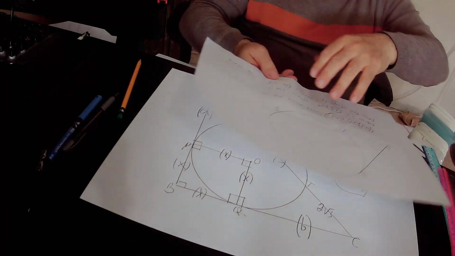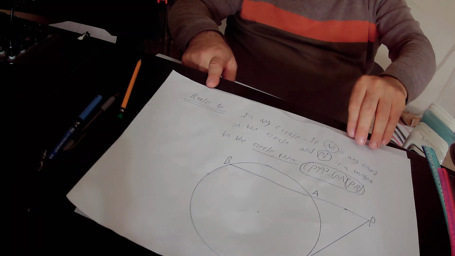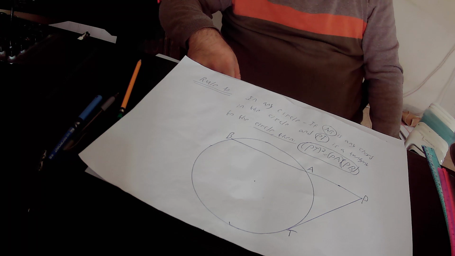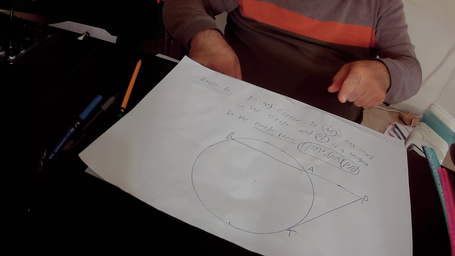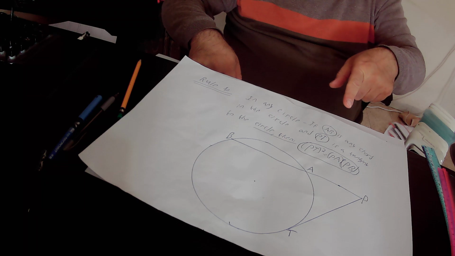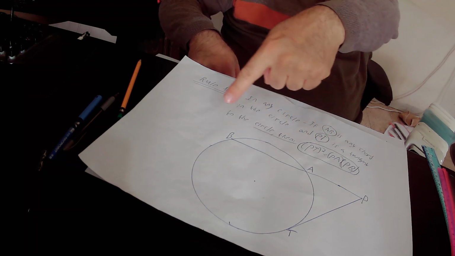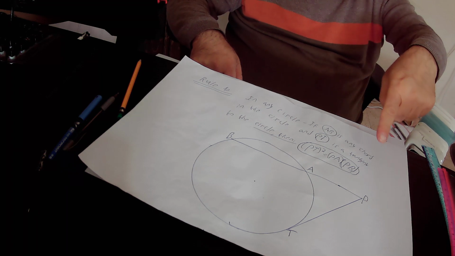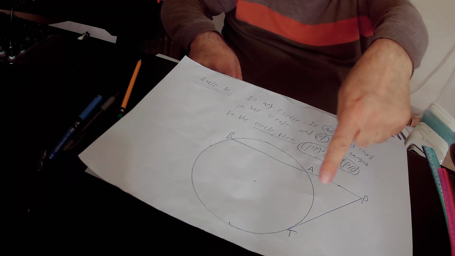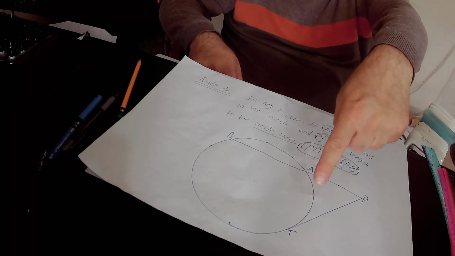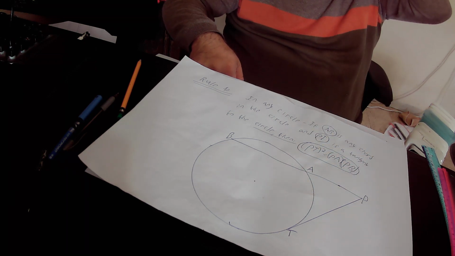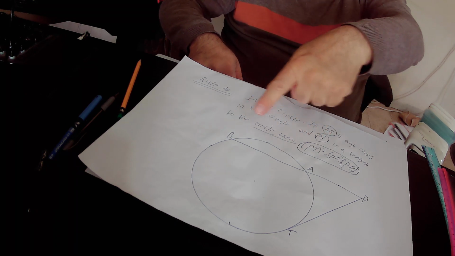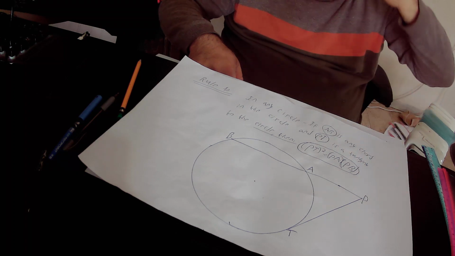According to rule 10, which is true in any circle: if AB is a chord inside this circle, and PT is a tangent to this circle at point C, so we have chord AB and tangent PT.